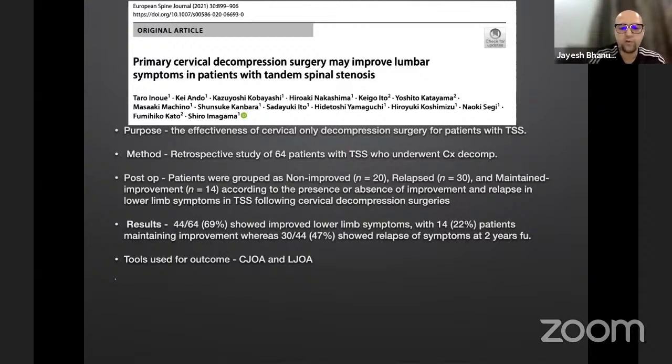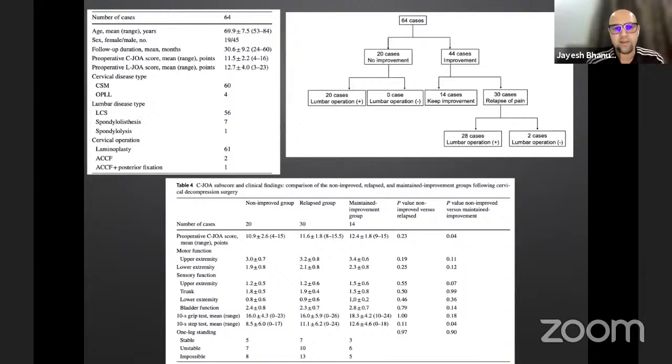Out of those 44, 30 showed relapse of symptoms at 2 years of follow-up. These 30 underwent lumbar decompression after 2 years. Of those 30, only 28 underwent lumbar decompression and 2 were managed conservatively.